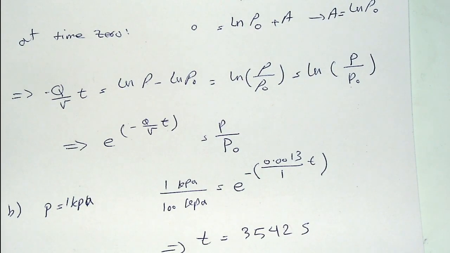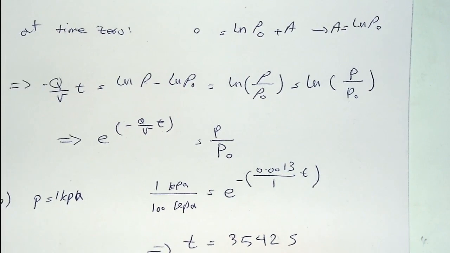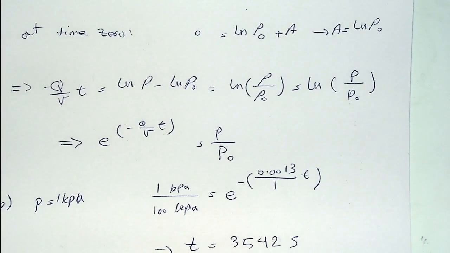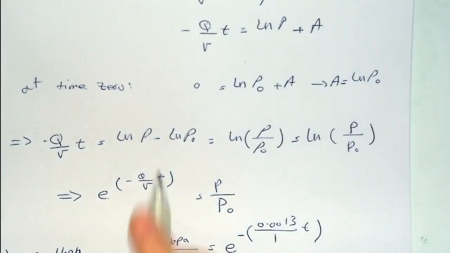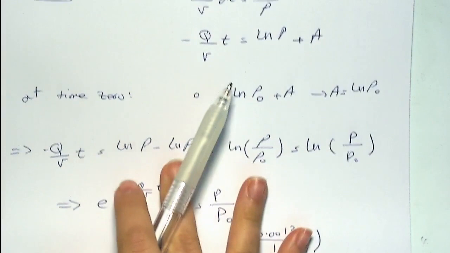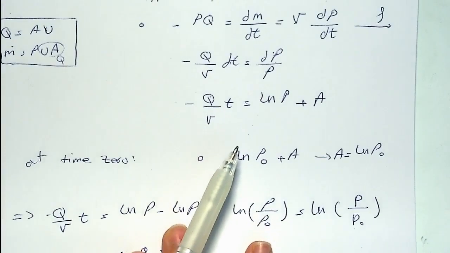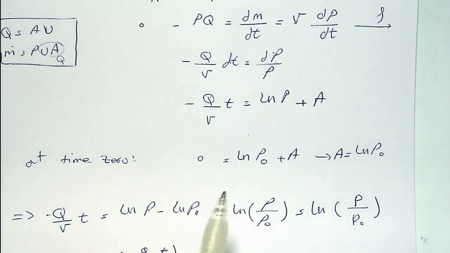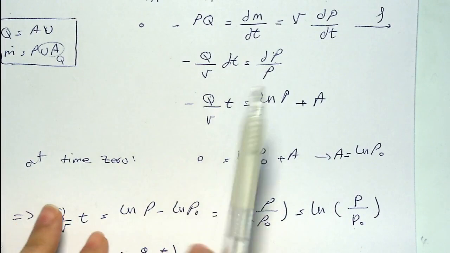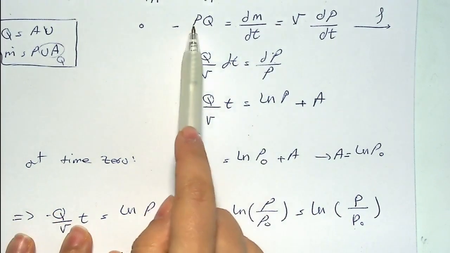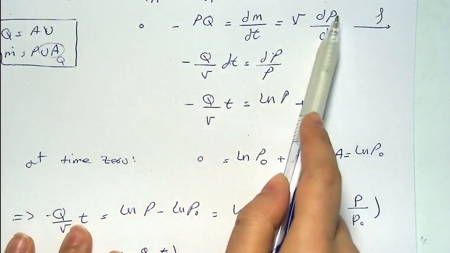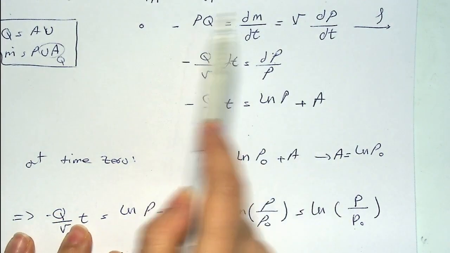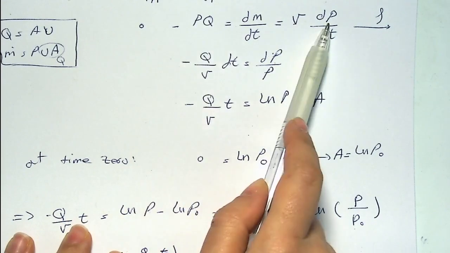Any questions? Yeah? Sorry, can you repeat the part above the line, after you change it to Q over V? This line? No, 2 lines above. Oh yeah, okay, before integration. So I have minus rho q equal to V d rho over dt. I have rho here, I have d rho here. I have to put this on one side.